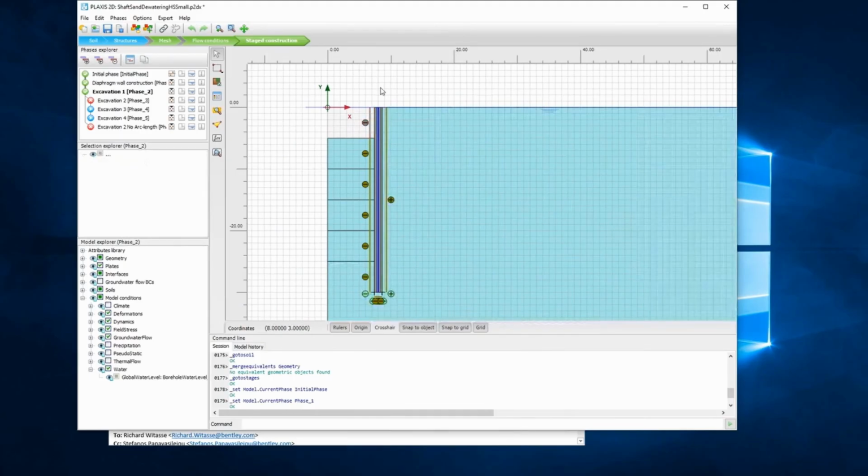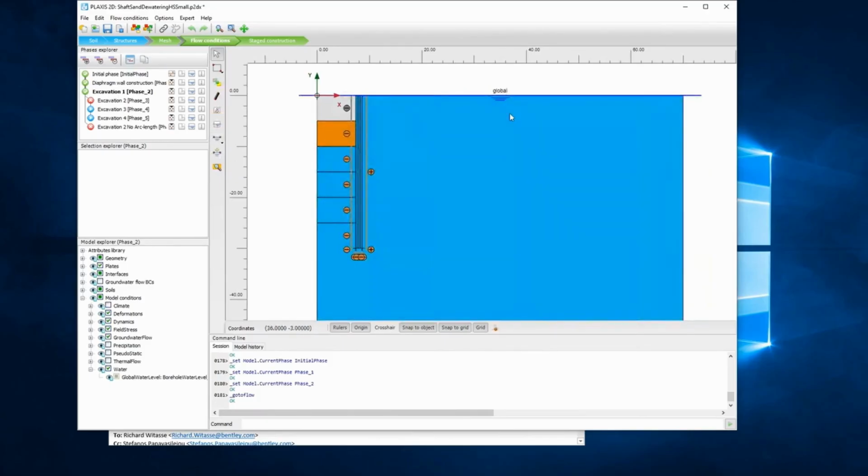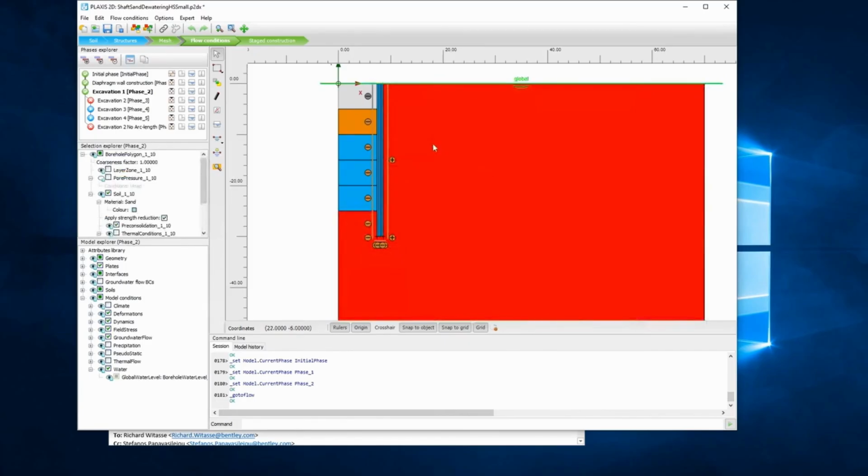Eventually, if you want to have a better overview of the water conditions, you could move into flow conditions. And then the model here is the same model, but Plaxis now focuses the color only on the water condition rather than on the soil parameters, okay? So what you see here is that everything in this cluster points to global.